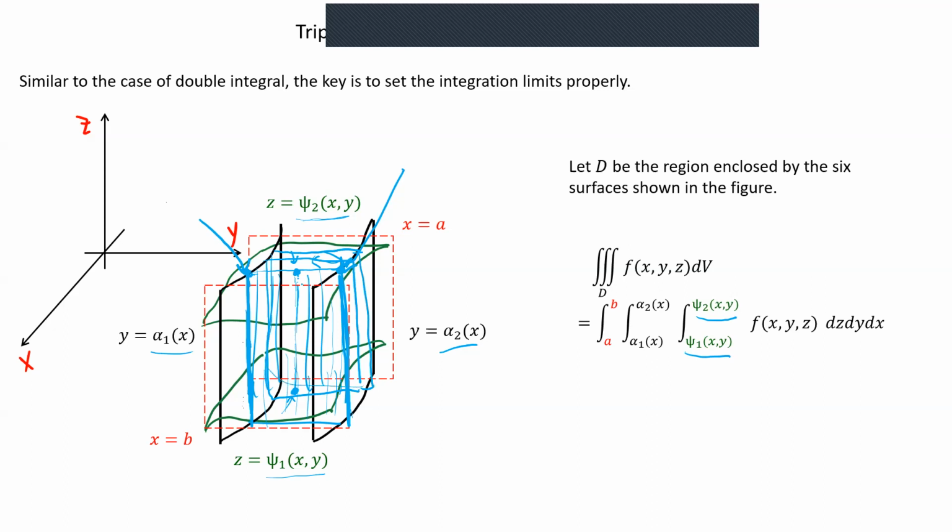So I'm stacking many planes to fill up this entire space. The first plane will be the plane touching this x equals a plane, and then the last plane will be the one up front touching this plane x equals b. So that's why my lower limit is a and my upper limit is b.